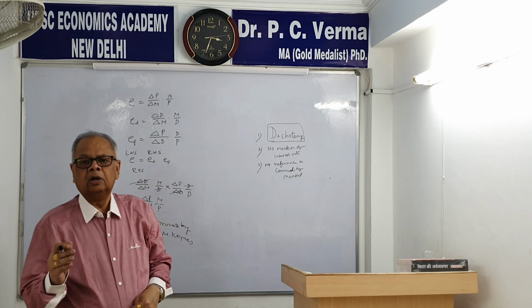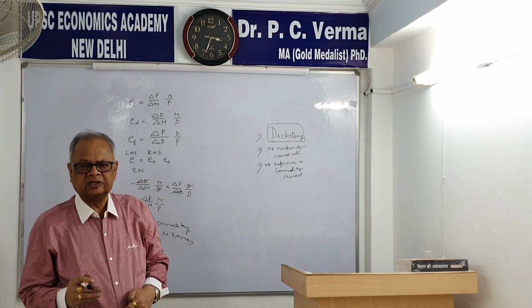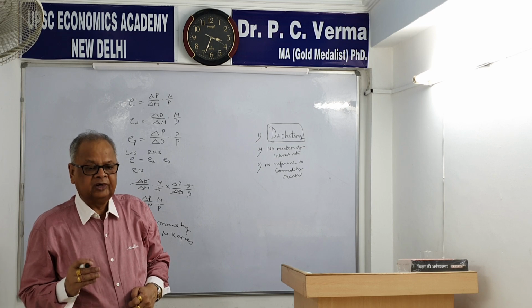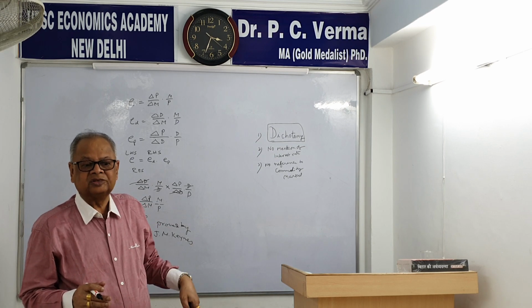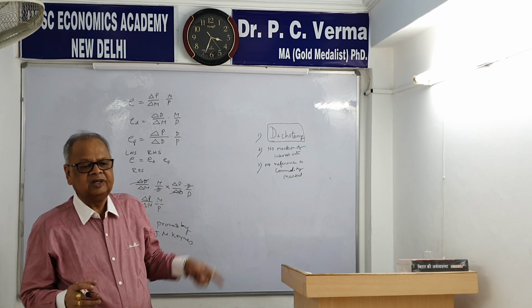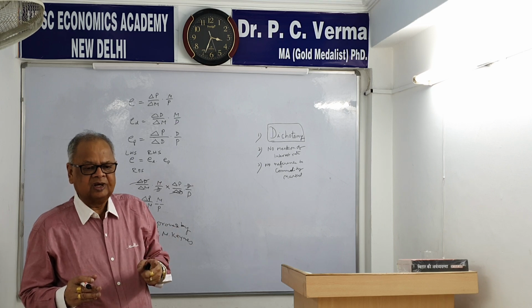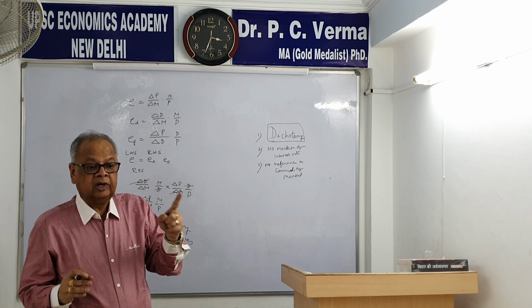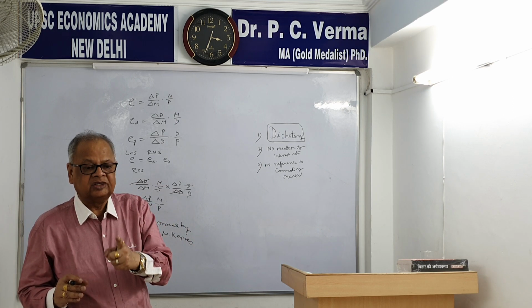So we will continue this discussion on how Milton Friedman has criticized Keynes and again re-established the Fisher quantity theory of money under the name of Restatement of the quantity theory of money.